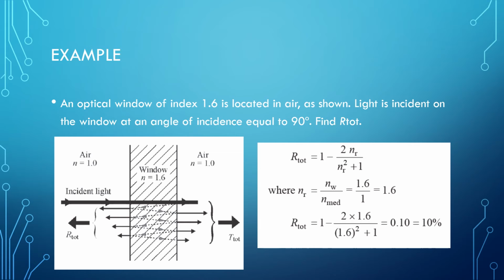So my R total is equal to 1 minus 2 times 1.6 divided by 1.6 squared plus 1, which is equal to 0.1 or 10%. What that is telling us is that 90% of the light is going through the medium and the other 10% is reflected back.